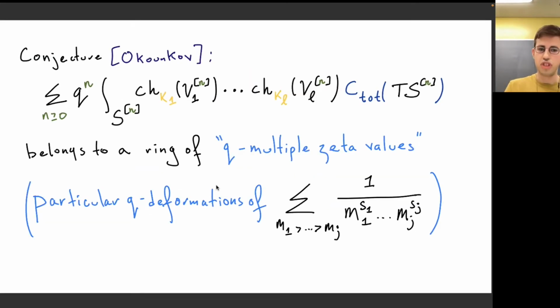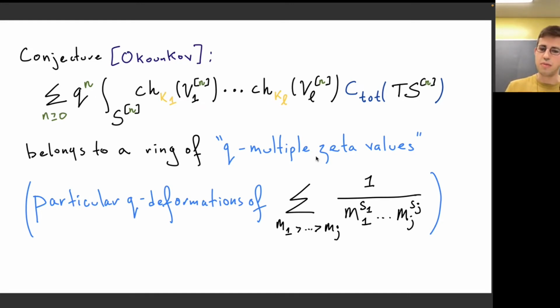If I consider this general cohomological descendant series, then the expectation is this belongs to a ring of what are called q-multiple zeta values. They're particular q-deformations of these generalizations of the Riemann zeta function. If in this sum on the bottom right, I just sum over one integer, I get the zeta function.